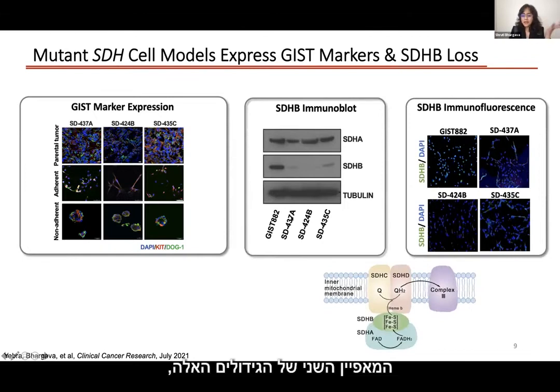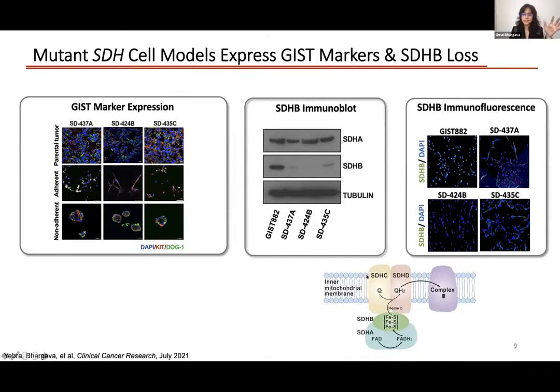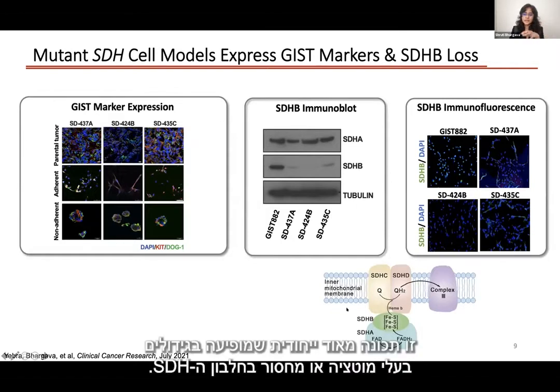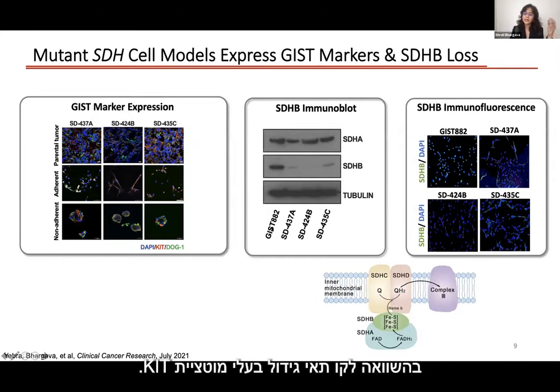Now, the second characteristic feature of these tumors or tumor models was loss of SDHB subunit from all the 4 subunits that we have talked about. This is a very unique feature that is present in SDH mutated or SDH deficient tumors. And we do see a loss in the SDH mutated cell models that we have established as compared to a KIT mutated tumor cell line.